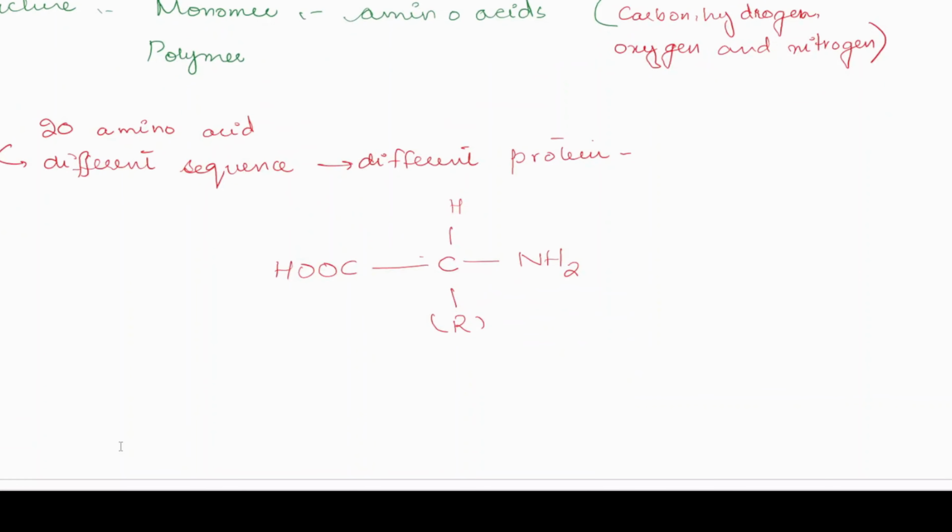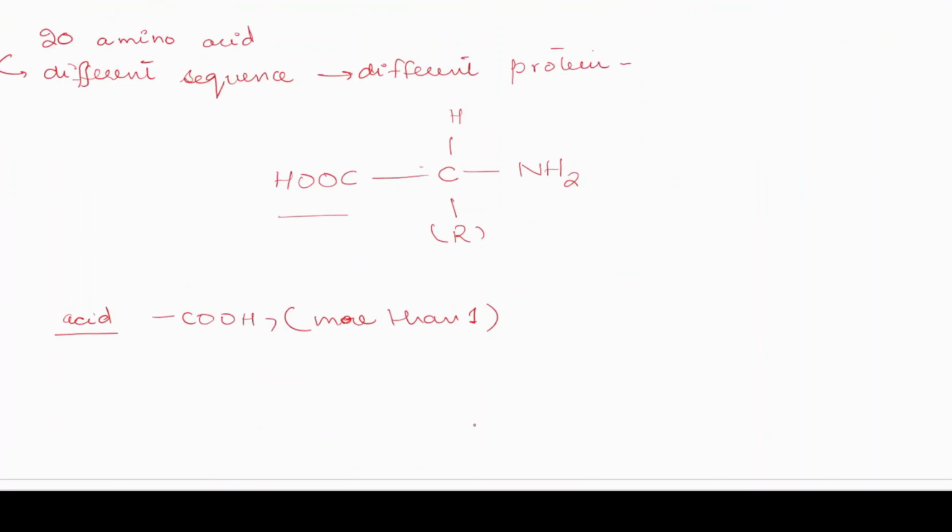This information may be extra for you, but it's better to give you information. There are some amino acids which have more than one COOH group, or there are some amino acids which have more than one amine group. If they have more carboxylic acid groups than amine groups, then those are acidic amino acids.